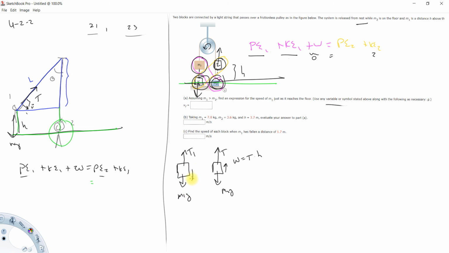When this thing moves in this direction, the work done by this is negative, and it's the same work term as this. So long story short, it's kind of like an internal force to the system. It's not an external force that's adding energy or taking energy away from the system. As long as we define both of these at the same time, you don't need to worry about the work term for the tension. So that should be enough to get through A, and then B and C are just putting in numerical values.